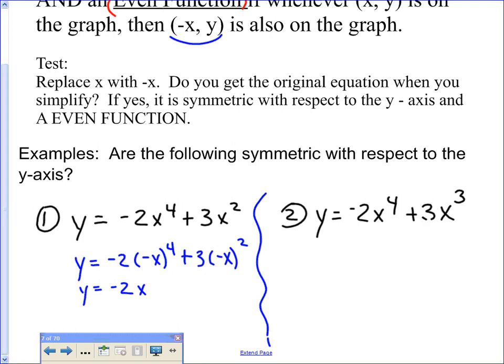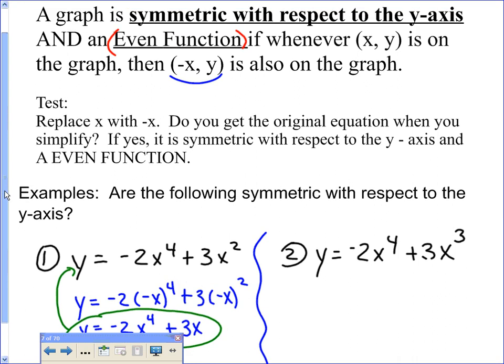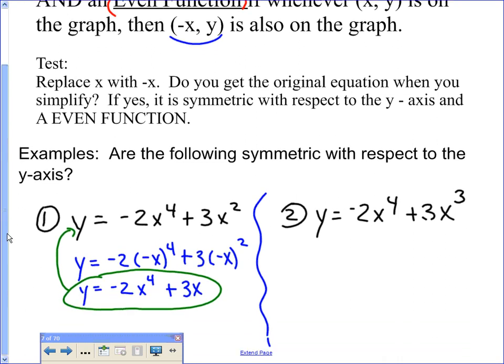So I just get negative 2x to the 4th plus, and again, if I raise the negative to the 2nd power, then I just get 3x. So now if I compare this to my original equation, I notice that I get exactly the same equation back. So what we have here is symmetry with respect to the y-axis, or we have an even function.